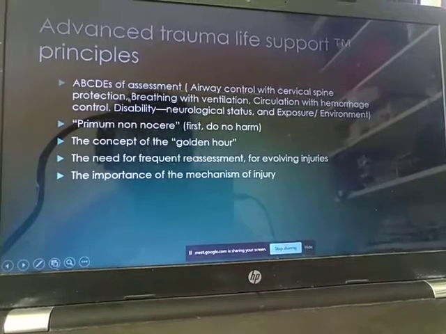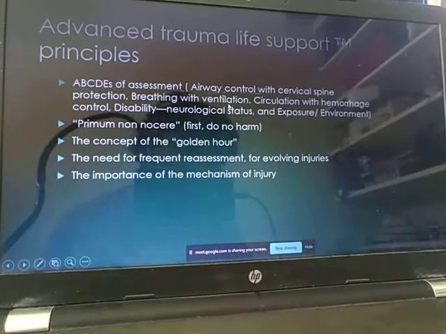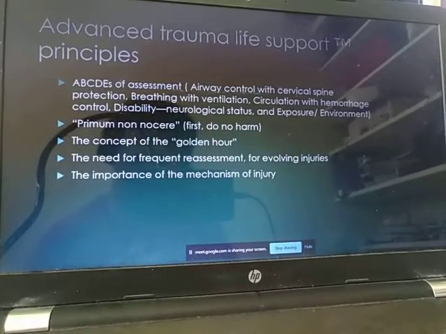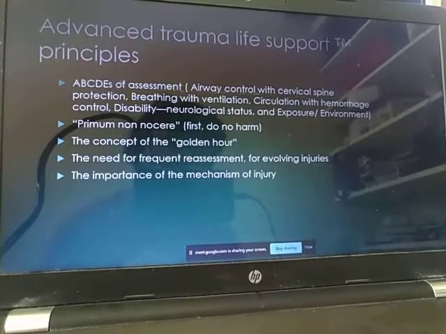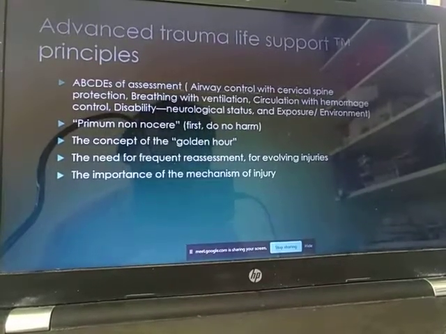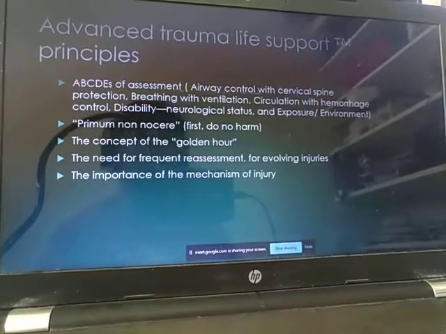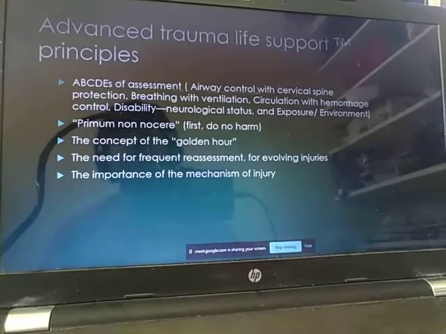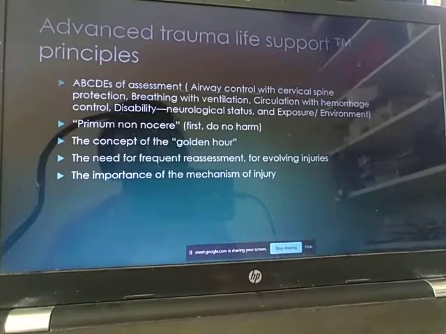So B for breathing with ventilation. In this segment we have to see if there are any breathing difficulties. This is different from airway patency. Breathing difficulties might be due to a pneumothorax or a hemothorax. We have to check for paradoxical breathing, that is, one side of the chest will be going up as normal while breathing in, while the other won't be going up, rather it might go down, or move in contrast.